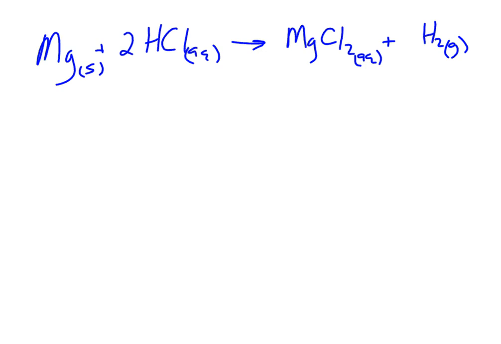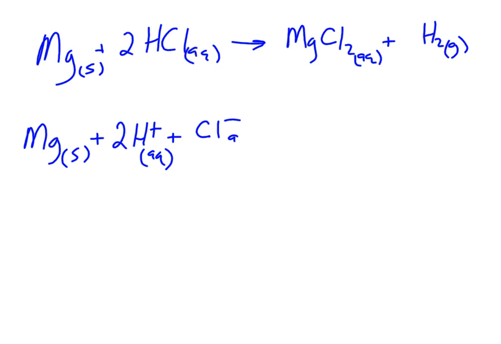So for instance, the magnesium, which is a solid, we would leave as it is. But if we were looking at this on the particle level, I really wouldn't see hydrogen and chlorines together floating around in solution. What I would see are hydrogen ions floating around and chloride ions floating around.